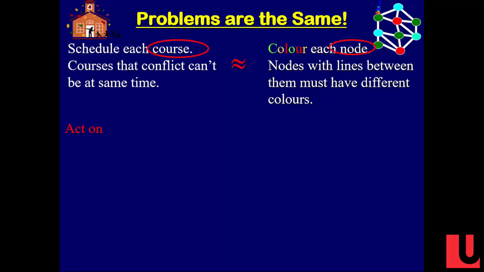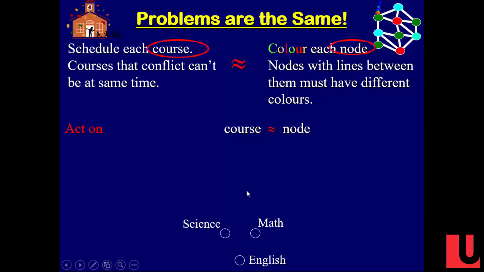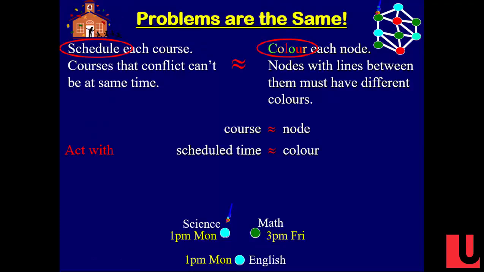Over here, the inputs are nodes. So we're going to put courses and nodes together. For every course, we'll have a node. And what are we trying to apply to them? We're trying to apply time slots to the courses, and colors to the nodes. So for every time slot, we'll have a color. Everybody buy this?